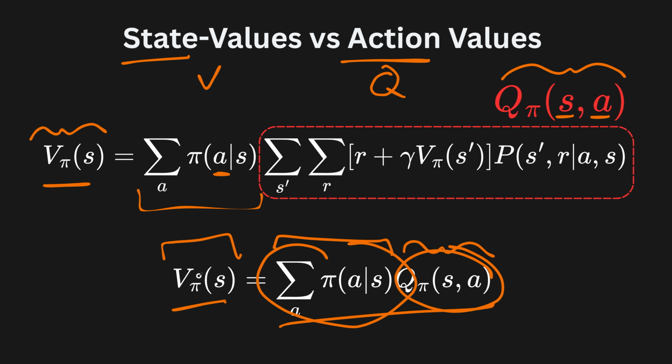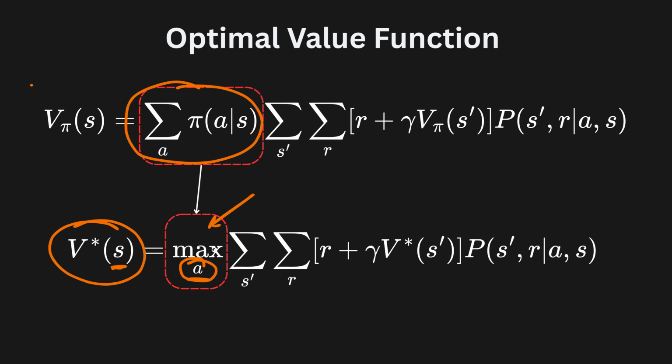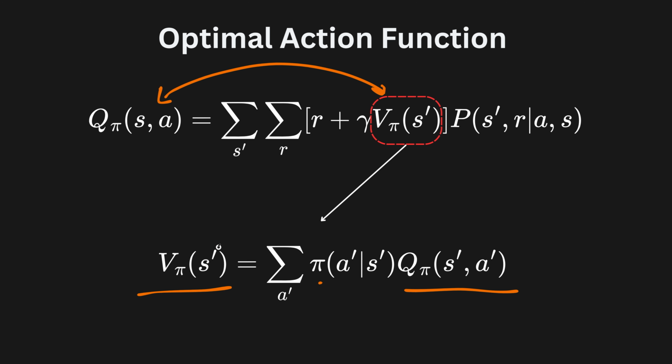And so instead of applying it to the value of the current state like we have here, we want to apply it to the value of the next state, right? S prime. So that means everything gets a new prime on it. So it's going to be, what is the next action I take? So what's the next action I take at S prime, the next state? And then you multiply by its corresponding Q values. And so we can replace this value function here with its equivalent expression, right?